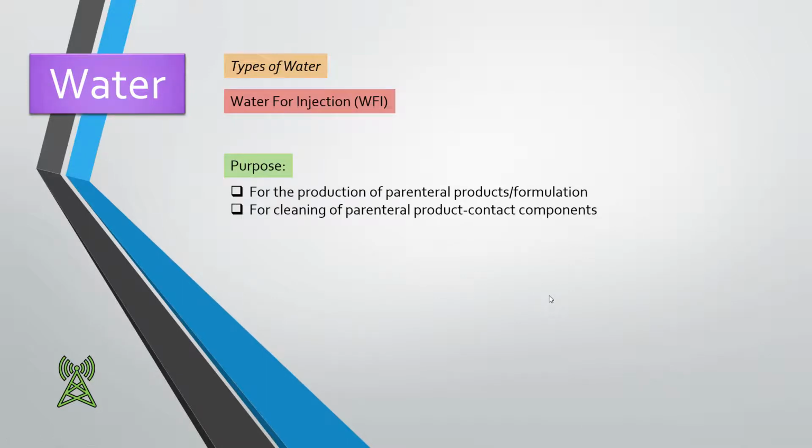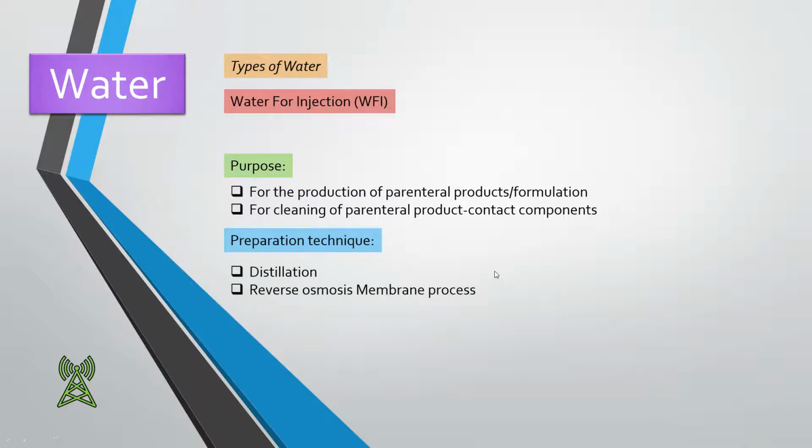Sterile water for injection is definitely used for the production of parenterals and cleaning of the contact components of the equipment used for the production of parenteral dosage forms. And the production technique we will see in detail in the coming lecture.